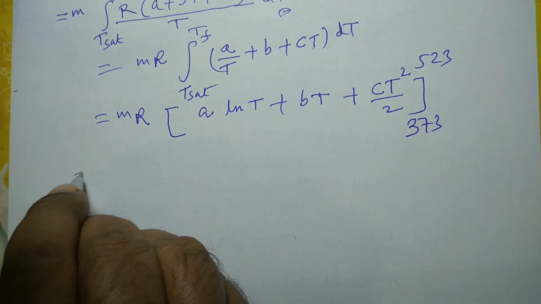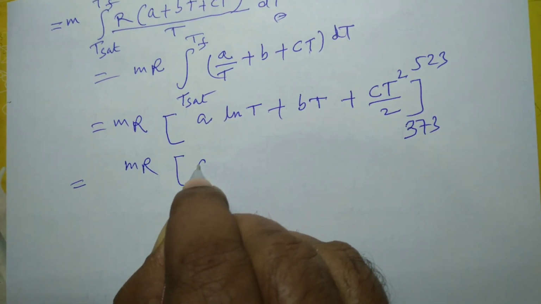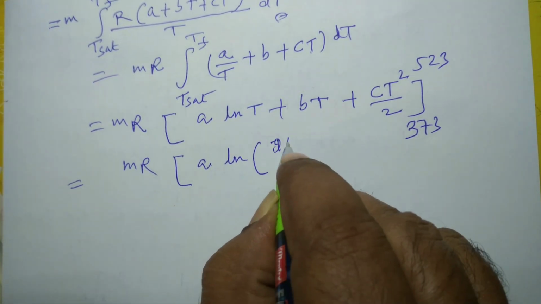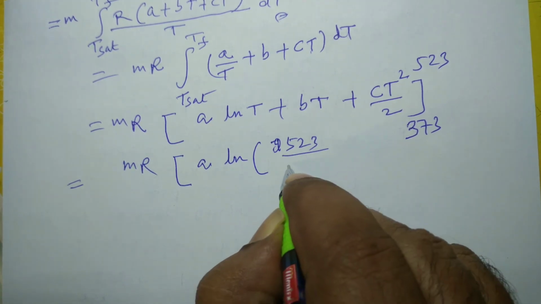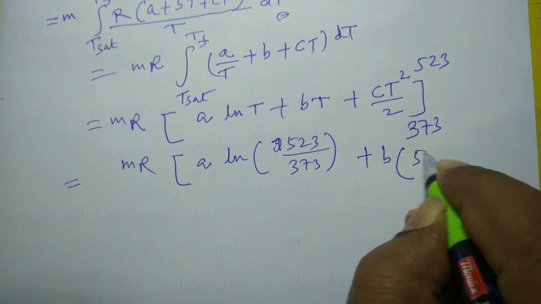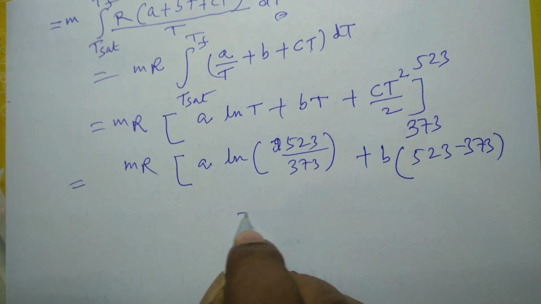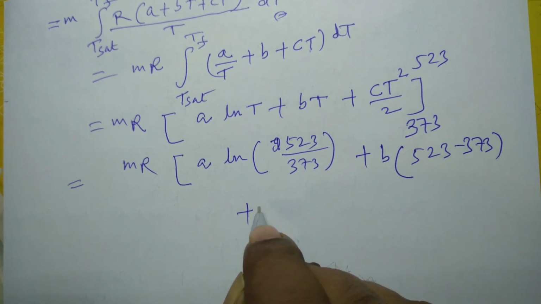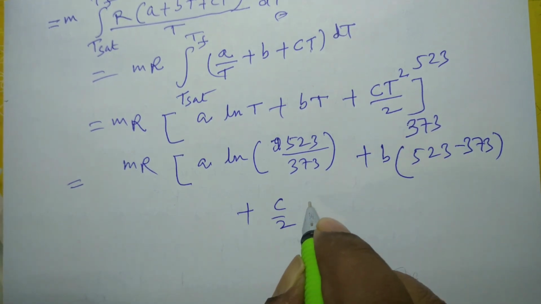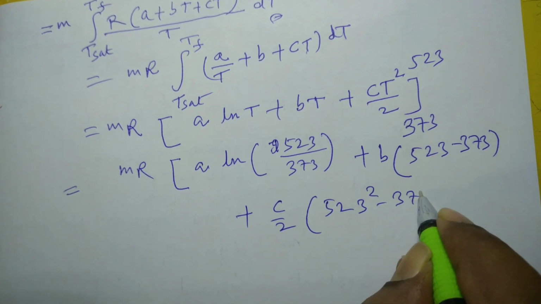So this is equal to mR times A ln(523 divided by 373) plus B(523 minus 373) plus C by 2 multiplied by (523 square minus 373 square).